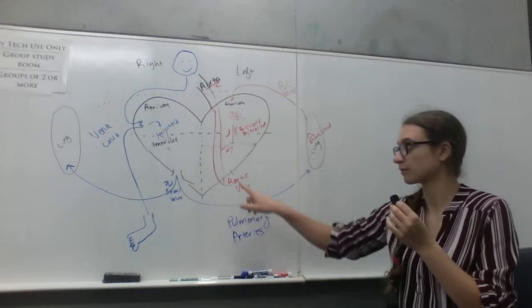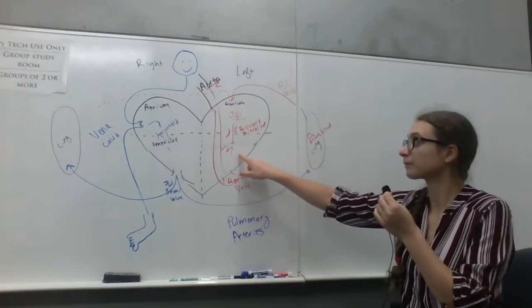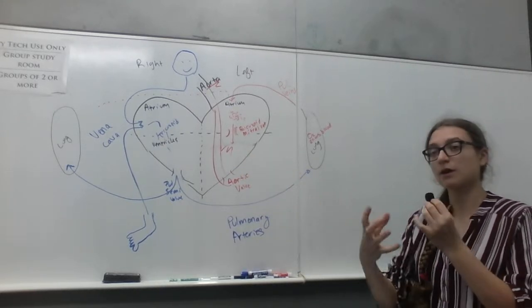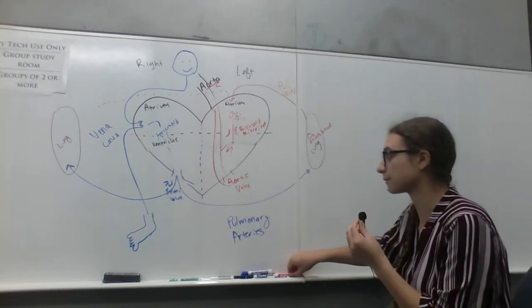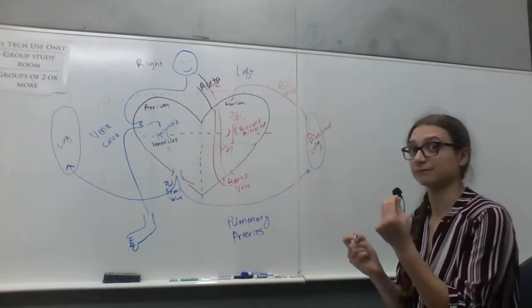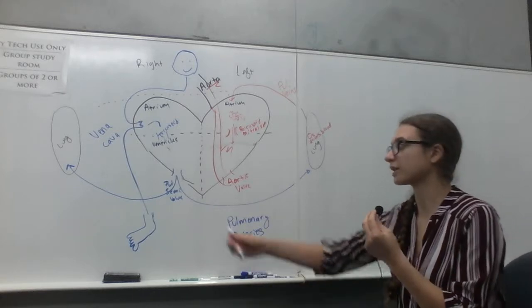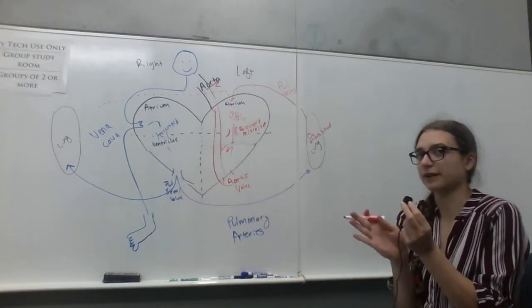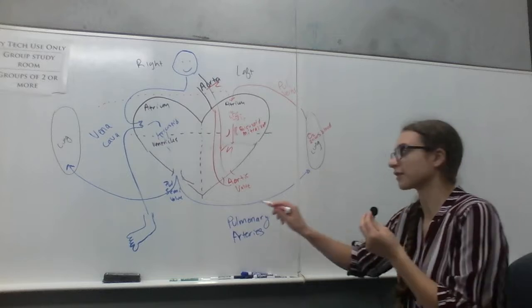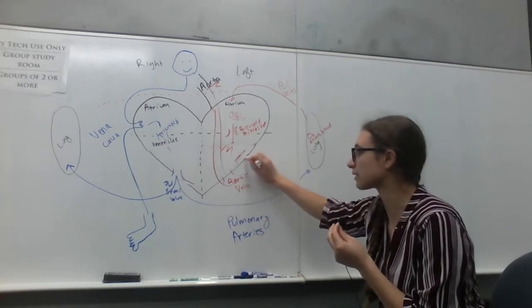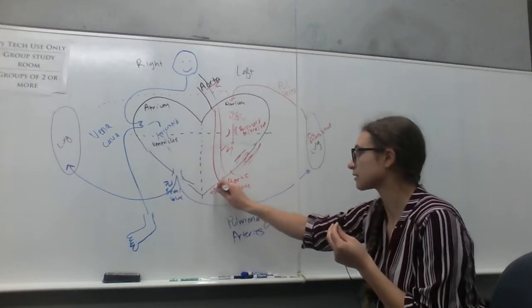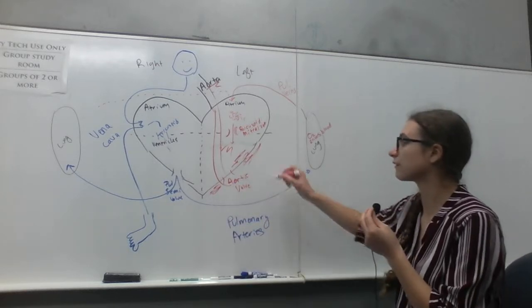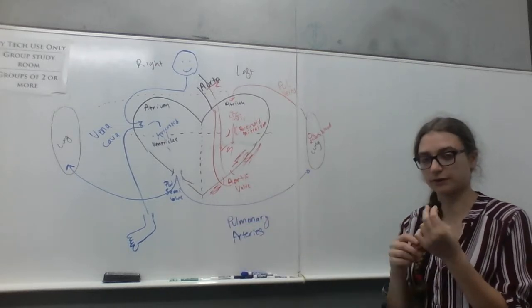The left ventricle is usually thicker because it has to push up to the aorta, so it's a lot more muscular. While this ventricle only has to push to the lungs, so it's a little bit shorter. So if you get a question about which one is thickest, it is the left ventricle. It's very muscular.